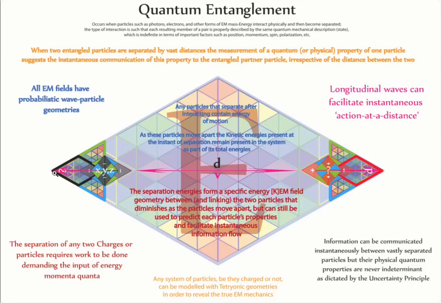And we can use our knowledge of transverse and longitudinal waves to show that while the energy field remains between the two, there's the ability to transfer information between the two systems in an as good as instantaneous fashion through the instantaneous action at a distance created by longitudinal energy, a longitudinal linear momenta of E fields in longitudinal waves.